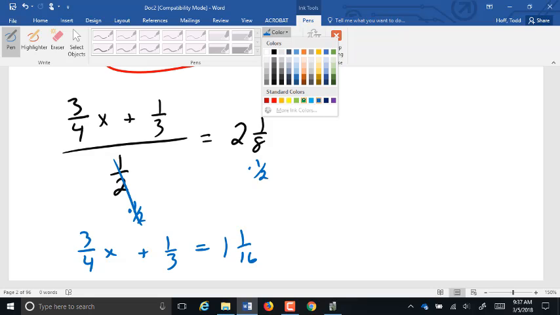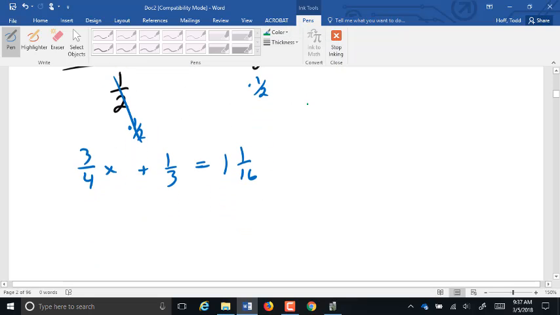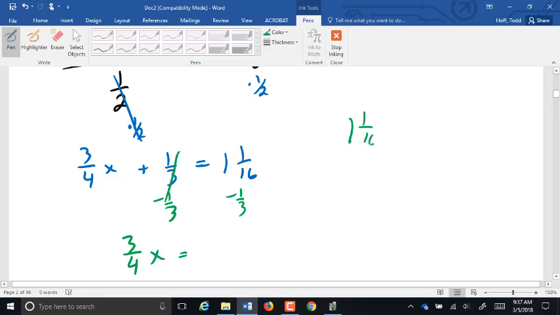Now then we have to subtract 1/3. So we're left with 3/4 x equals 1 1/16 minus 1/3. Gives us a common denominator of 48.